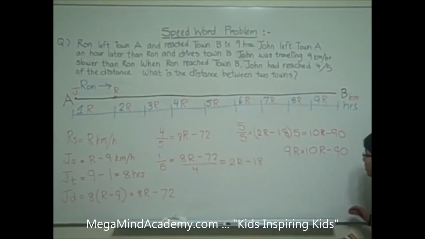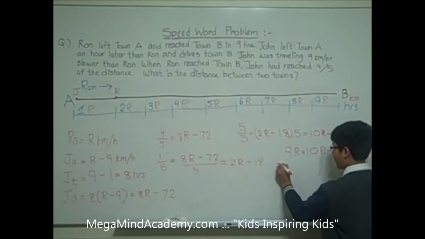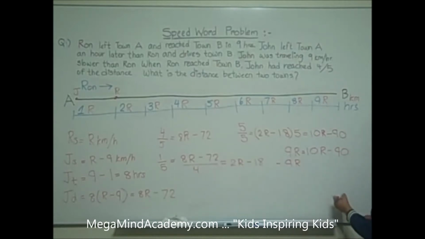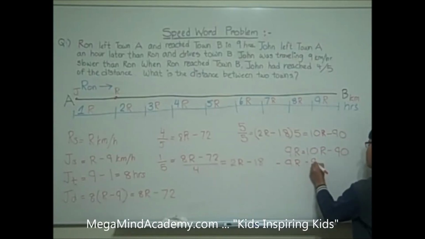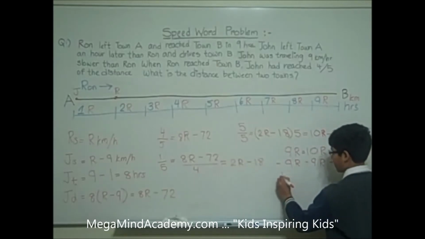Now let's get the variables on one side of the equation and the numbers on the other side. So we subtract both sides by 9R, minus 9R, and add both sides by 90, so plus 90 and plus 90.